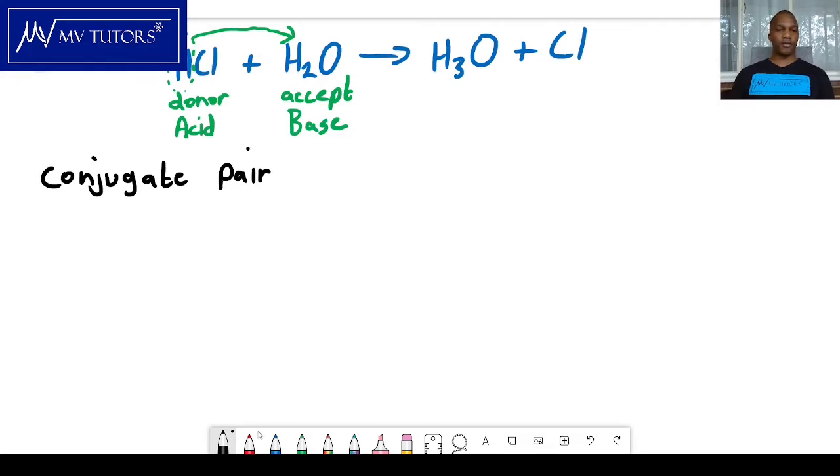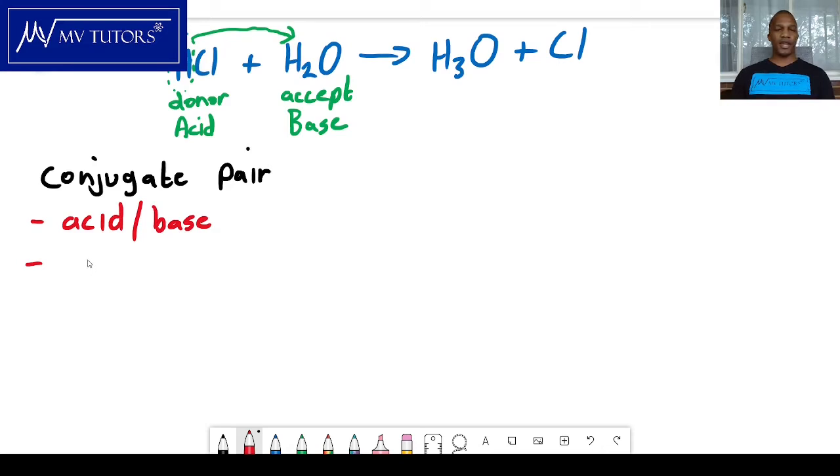First of all, we must know that a conjugate pair is a pair of acid, and it's always paired with a base. So this is on one side, the reaction side, and this is on the other side, the product side, or it can be product side and reaction side, depending.